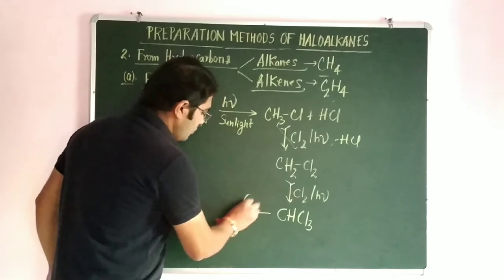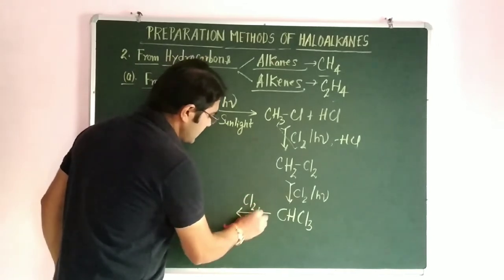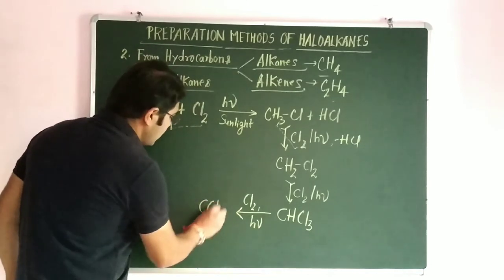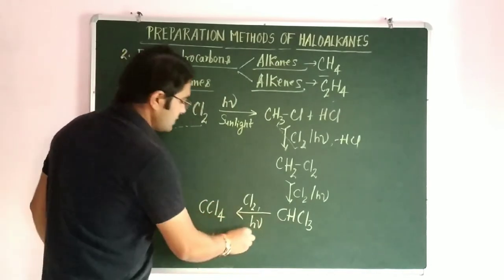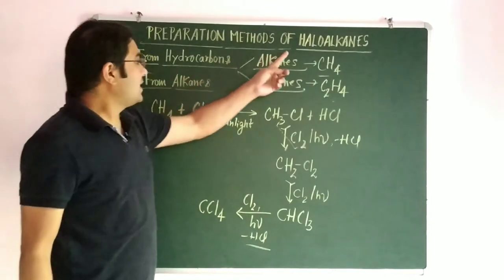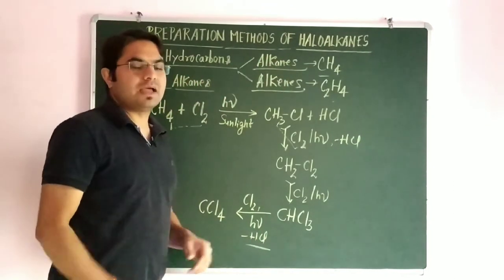Then one more halogenation takes place and finally it forms CCl4 after the elimination of HCl. In this way haloalkanes are prepared from alkanes.